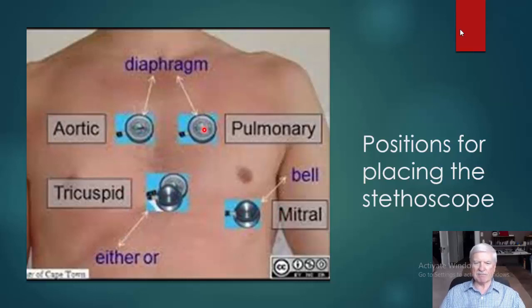The aortic and pulmonary look backwards, but if you look at the heart, that's the way it is. The aortic is on the left side of the heart, but it's crossing over, and the pulmonary is on the right side of the heart, but it's crossing over. So the aortic, pulmonary, tricuspid, and mitral locations are right over where those valves are.